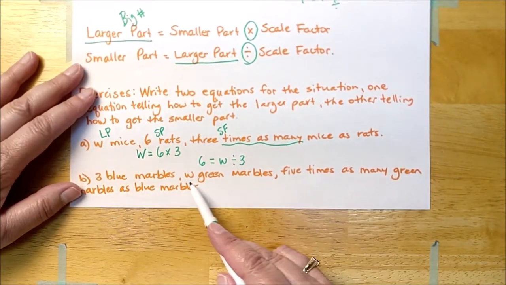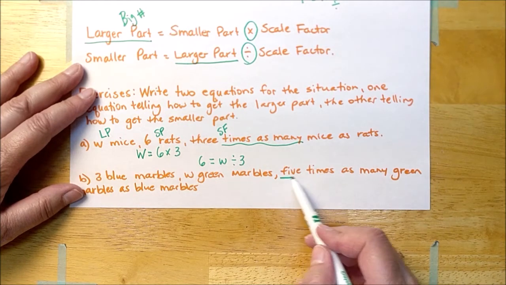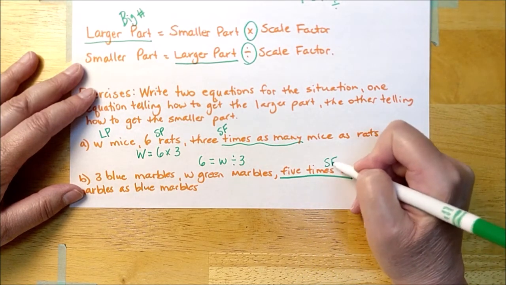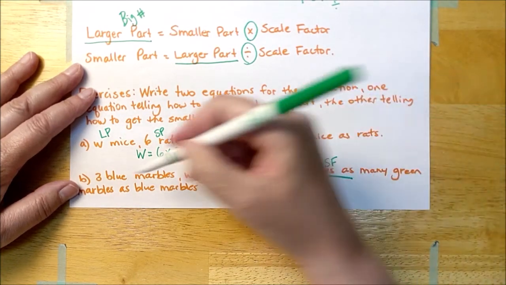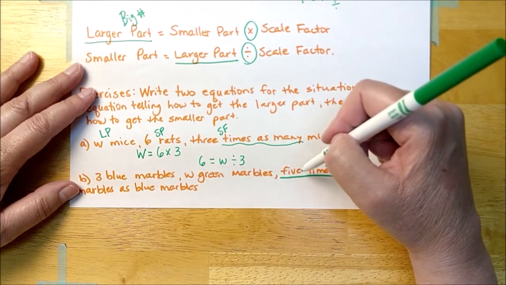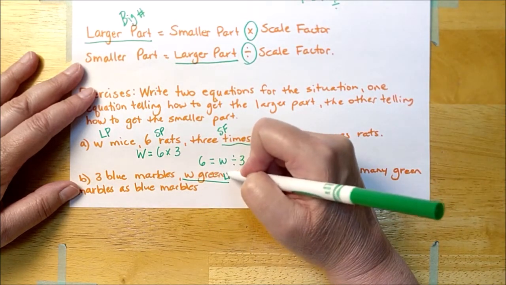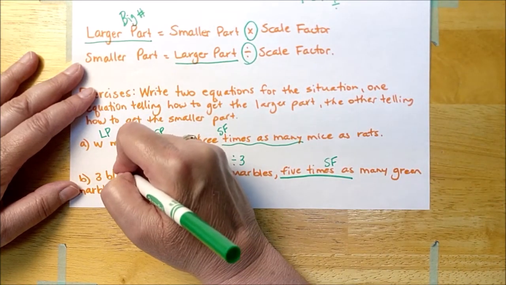Okay, 3 blue marbles, W green marbles, 5 times as many green marbles as blue marbles. So 5 times is my scale factor. I have 3 blue marbles. We don't know how many green marbles. There are 5 times as many green marbles. So this is my large part, and this is my small part.